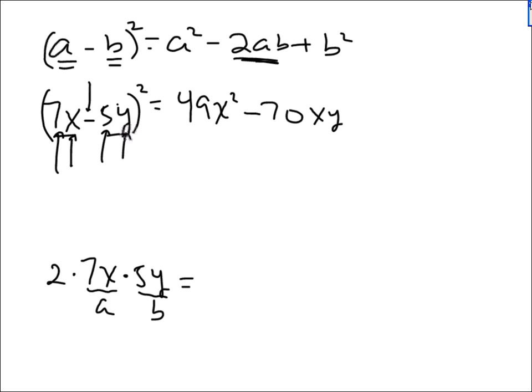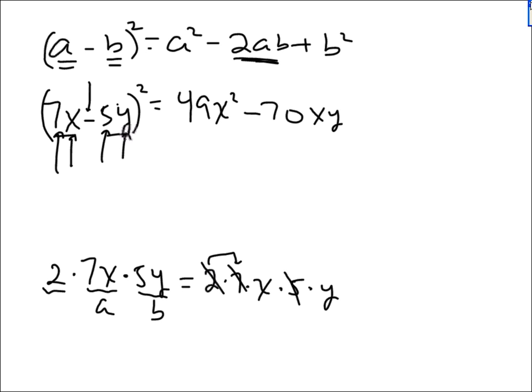Personally, I don't see this as 3 things being multiplied. I see it as 5 things being multiplied: the 2, the 7, the x, the 5, and the y. 2 times 5 is 10. I know what 10 times 7 is a lot faster than I know that 2 times 7 is 14 and 14 times 5 is hard.